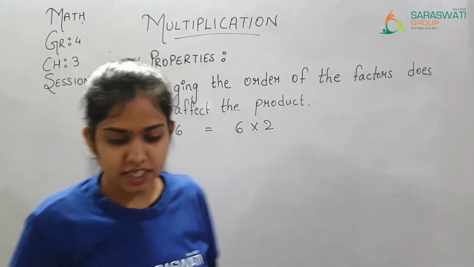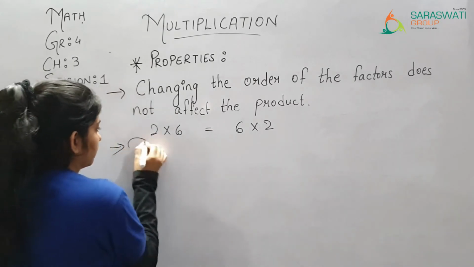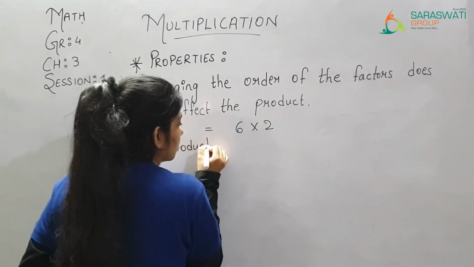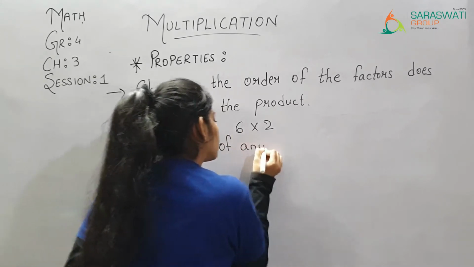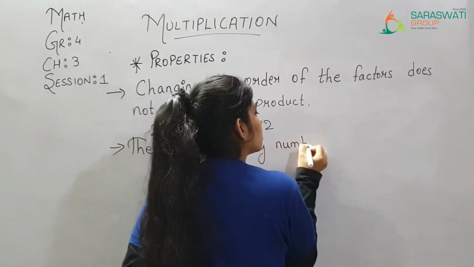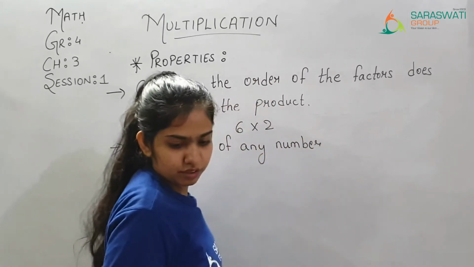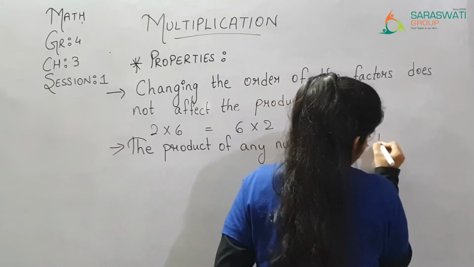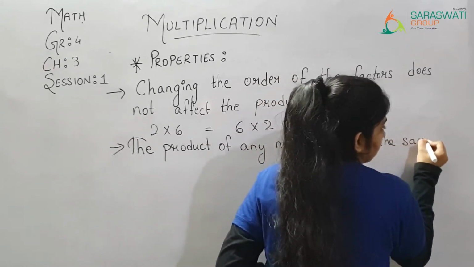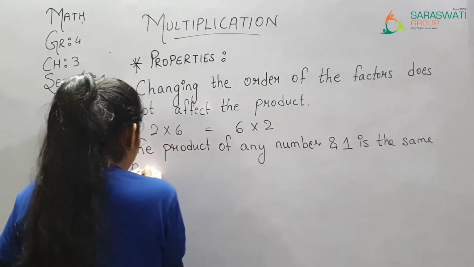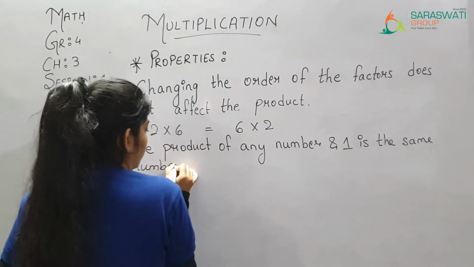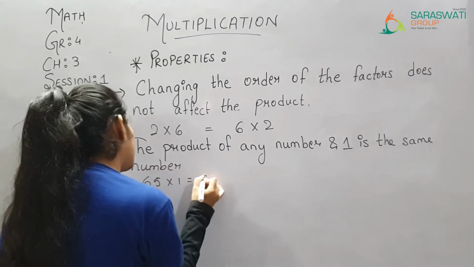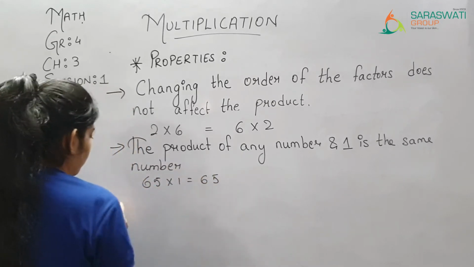The next property is the product of any number and 1 is the same number. For example, 65 into 1 is equal to 65.